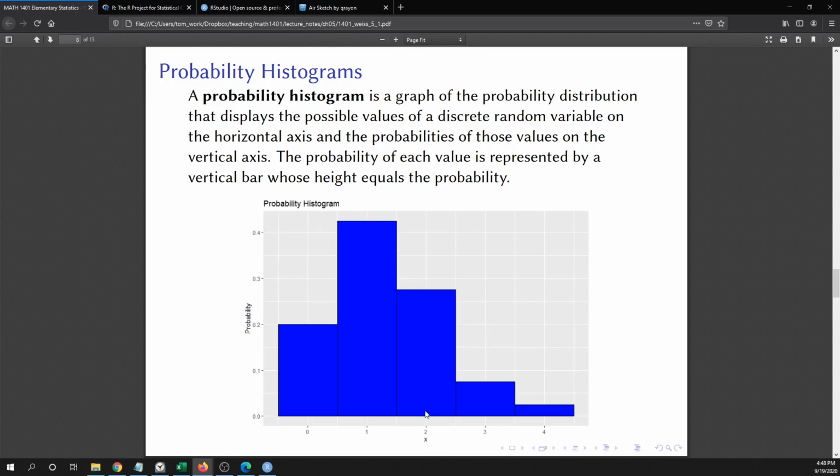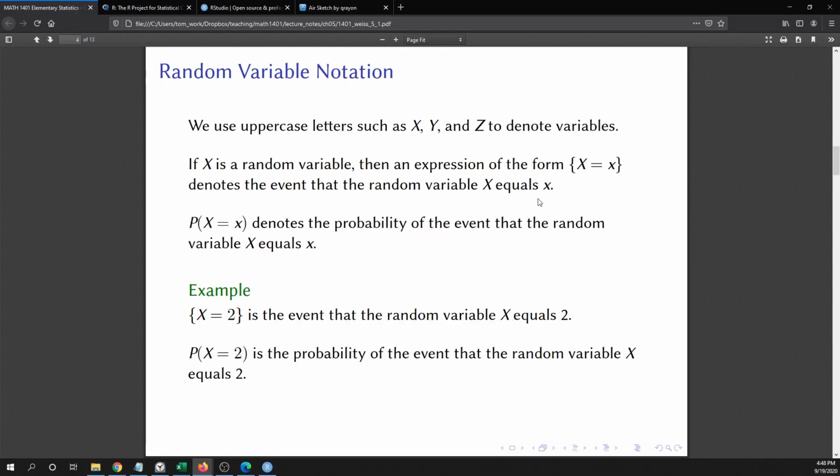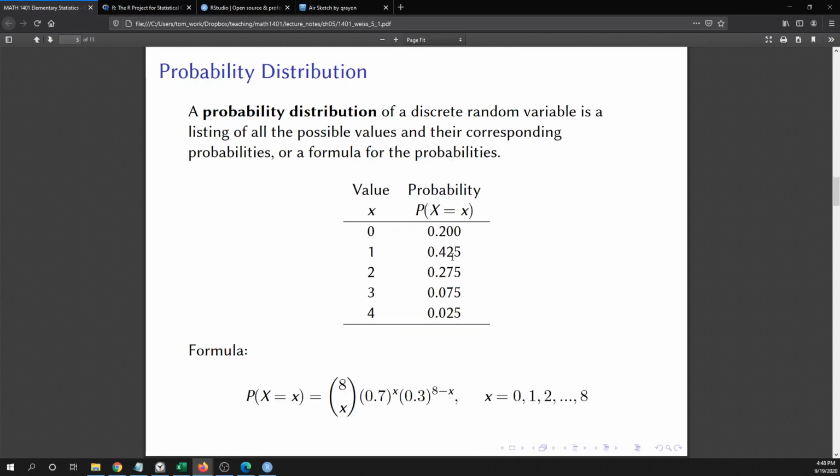The probability of 2 is 0.275, it looks like. And the probability of a 3 would be 0.075, and the probability of a 4 would be 0.025 here. So this histogram is actually the probability histogram for this distribution that we talked about here.